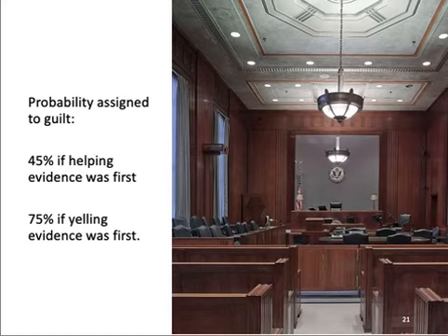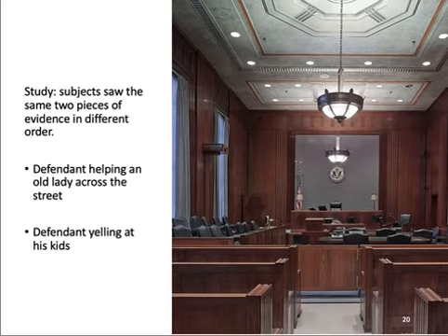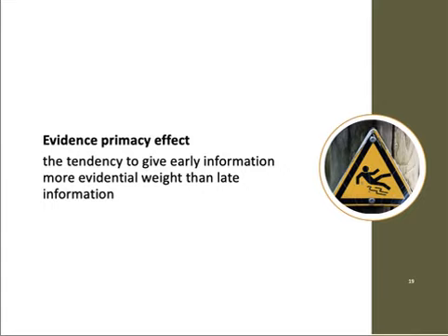But if the evidence seen first was that the defendant did something bad, yelling at his kids, it was 3/4 of a probability of guilt that the subjects assigned. So what this shows is that it's the exact same evidence, but the order of the evidence mattered. But of course, the order really shouldn't matter. Yet what happens with the evidence primacy effect is that the first thing that we're shown gives us a first impression, and it's then harder to shake that first impression.